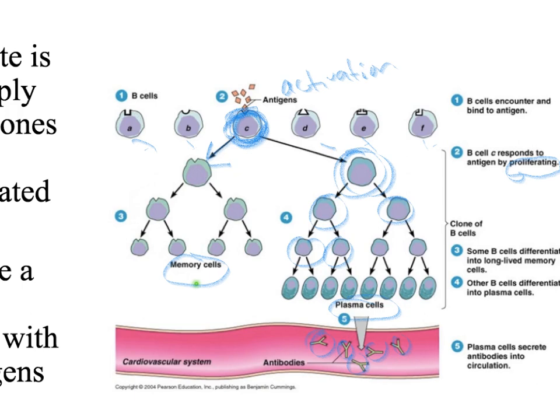So these antibodies are specific for that antigen. And this is a really efficient way for your body to run the immune system. So it has a small sampling of millions of lymphocytes that are available to be activated. But then it waits for a specific one to be activated before it begins to proliferate and use its energy and resources.